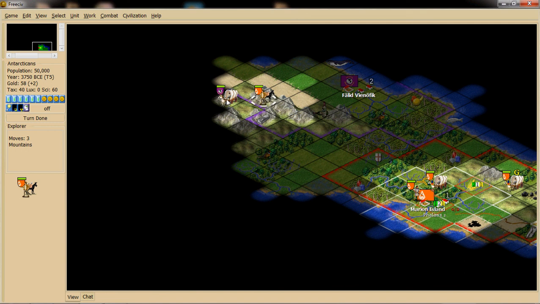Now, what he could do is move down here to this mountain, where he's no longer in my zone of control, and then move up, because that's not moving directly from a tile within my zone to another tile within my zone. Move out and around, but he cannot move straight there.